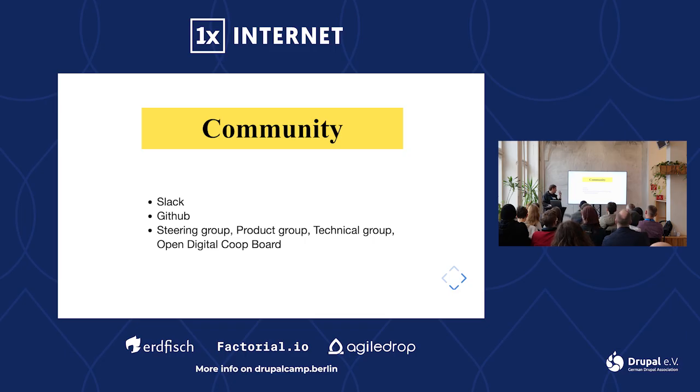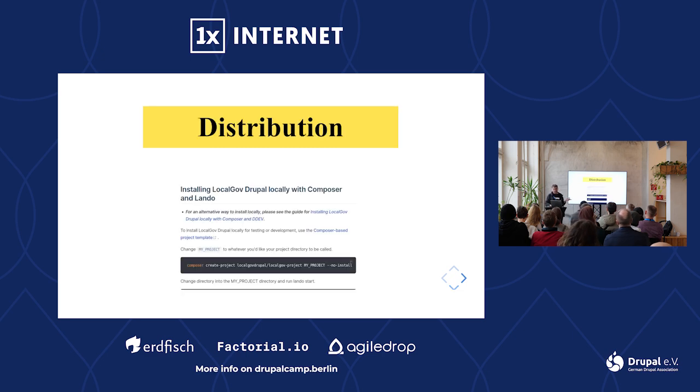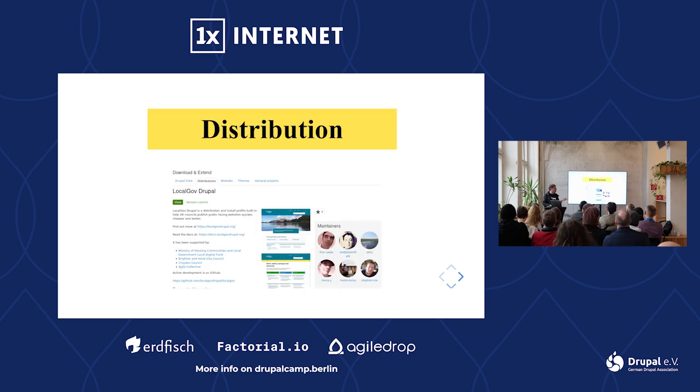And by being a member of the co-op, so not just taking the code and rolling it out, which people do, so there's more councils, you actually get onto the steering group, the product group, so you decide what new things get developed and how things work. Local Gov itself is just a simple distribution. That is the profile, but we don't really use the profile.